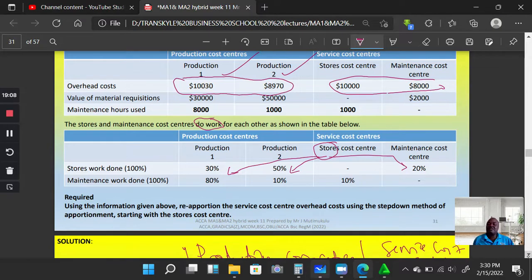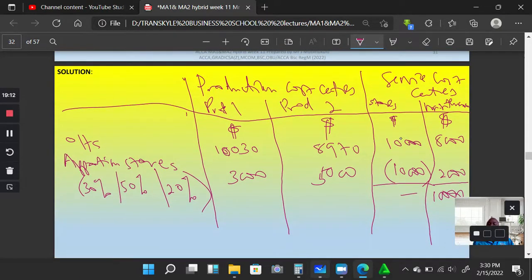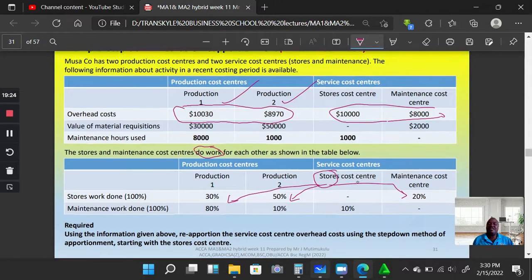Here you can see we have already done the apportionment, the reapportionment of these cost centers' overheads. So it means that we are done with the stores. So what does it mean? If we are done with the stores, it means this we have to ignore, and we are now working with this one.